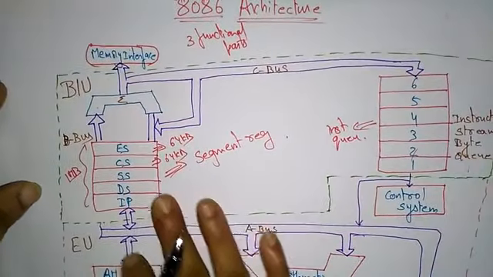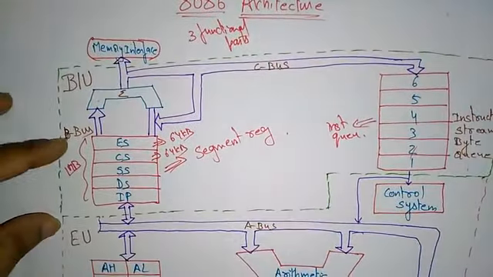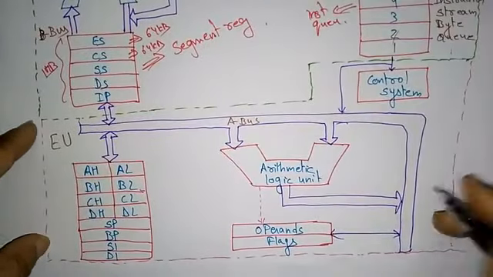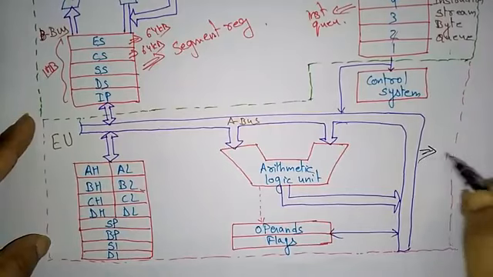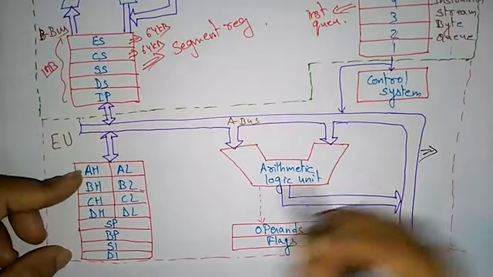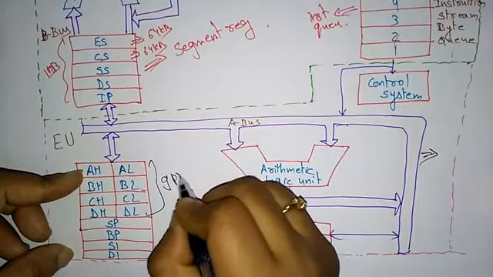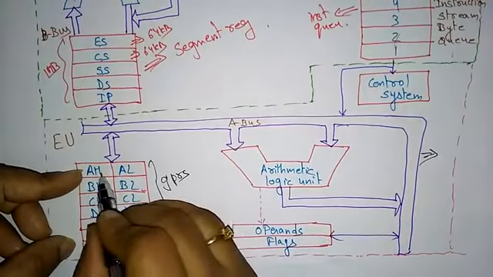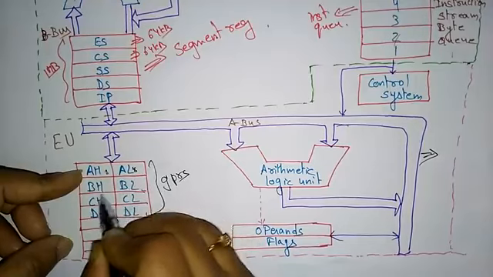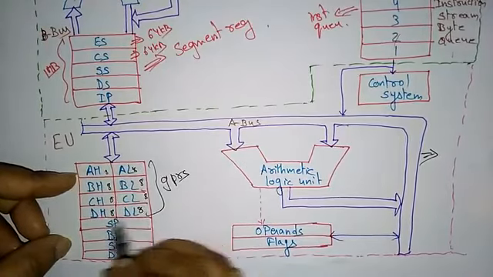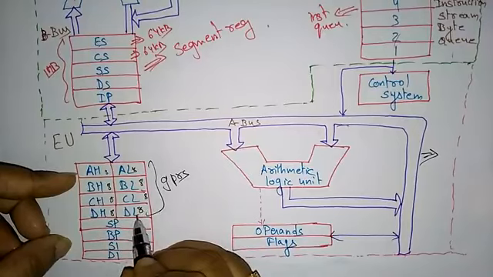So let's see this diagram, the internal architecture. I explained about the bus interface unit, that is the first part, and the second part is the execution unit. This total execution unit is divided into 5 functional parts. One is the general purpose registers, GPRs. Each is 8-bit, total 16-bit, with 8-bit registers like DH and DL, and together you call it a 16-bit register.